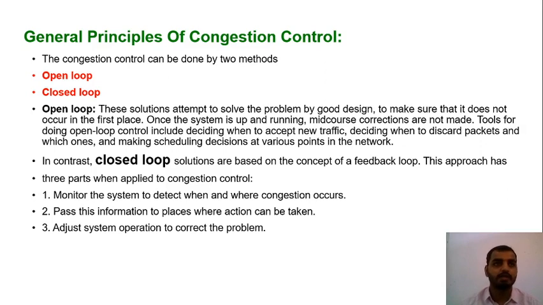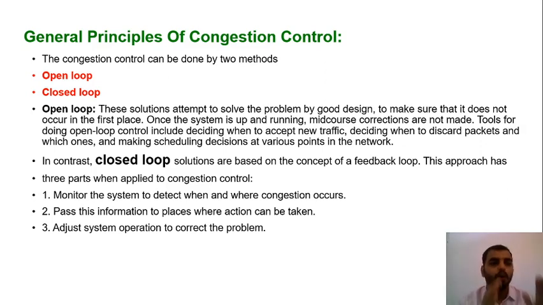This statement describes closed loop type of congestion control. So there is a difference between open loop and closed loop. Open loop will avoid, whereas closed loop will delete. Avoidance and deletion. That is the difference between open loop and closed loop congestion control principles.